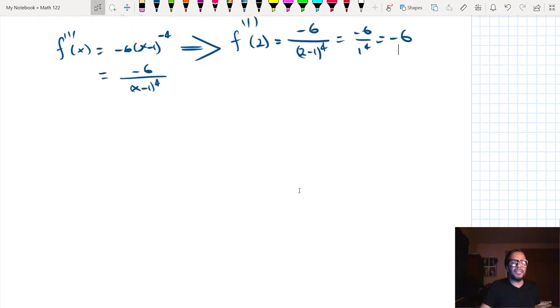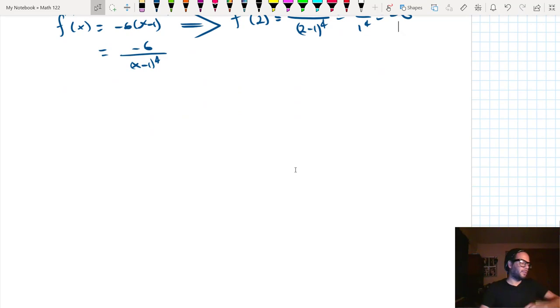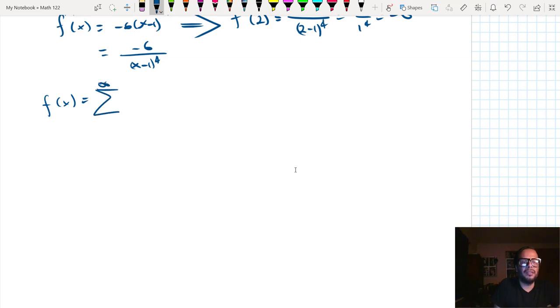All right, let's find a Taylor series for this function. First of all, the claim is that a function f of x can be represented as a power series in the following form: the sum from n equals 0 of the nth derivative of f evaluated at a, divided by n factorial, times x minus a to the nth power.